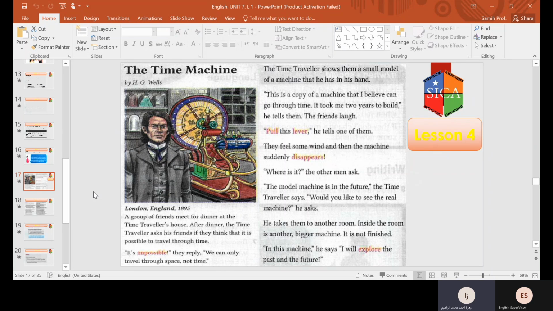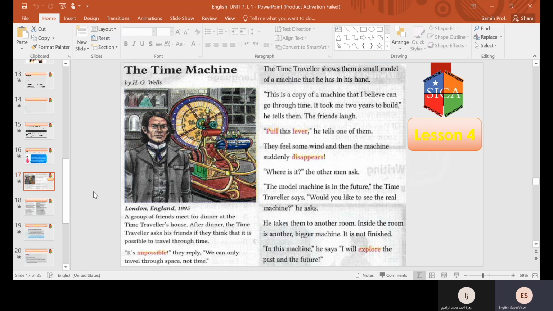Catch the lever. Lever here, whenever you enter any place and I ask you to pull the door, there is a hand for this door. Yes. There is a hand for this door. This we call it lever. This hand, we call it lever. Okay, nice.